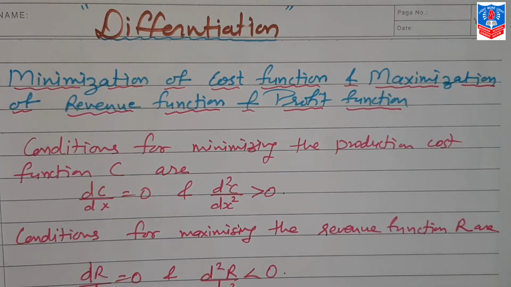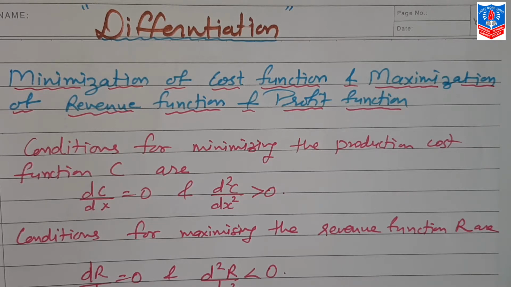In today's session, we will discuss sums based on minimization of cost function and maximization of revenue function and profit function. In practice, problems of minimizing the production cost of an item, maximizing the revenue by selling produced items, and maximizing profits are to be solved.